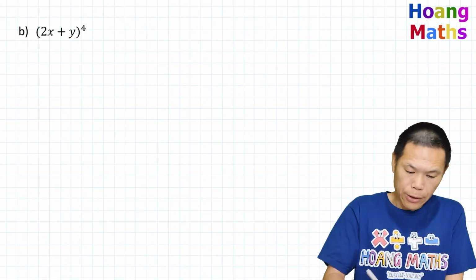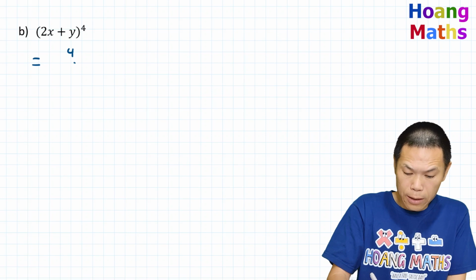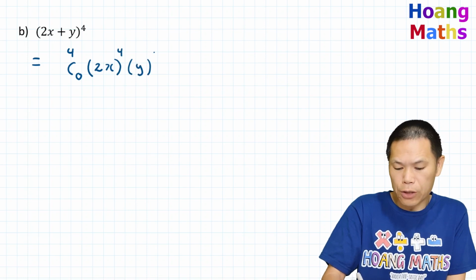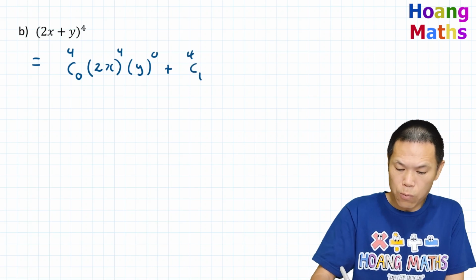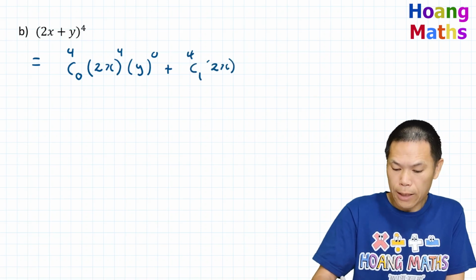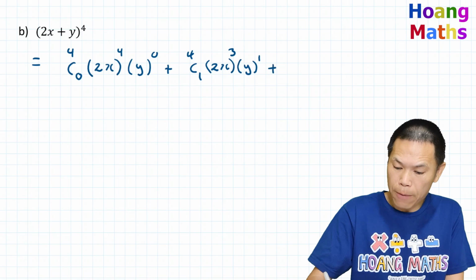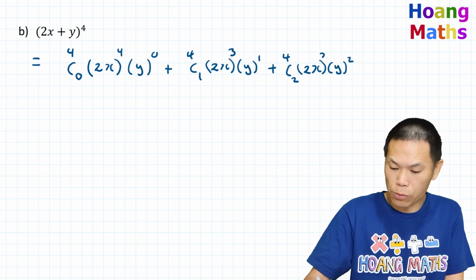Second one. So that is equal to, we have 4C0 and (2x) to the power 4 and then y to the power 0. And then we add 4C1, 2x, and then this is y to the power 1, and then this should be 3. So keep that in mind. And then we add 4C2, 2x, and this is y to the power 2, so this should be 2.